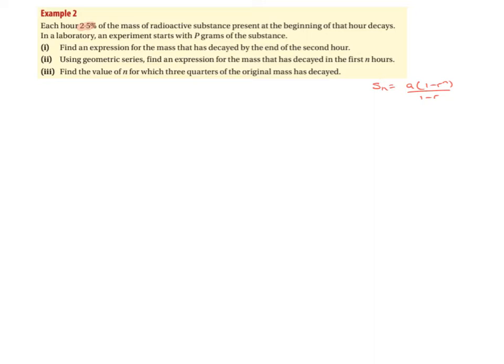Okay, so at the end of the first hour, let's have a think what that means. If we look at S1, at the end of the first hour, we're trying to find the expression of the mass that has decayed. So we've got P, and we're saying that 2.5% of that has decayed. I'm going to put this in fractions if I can, just because it's easier. So 2.5% is equal to 1 over 40.